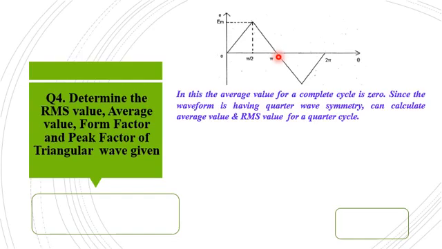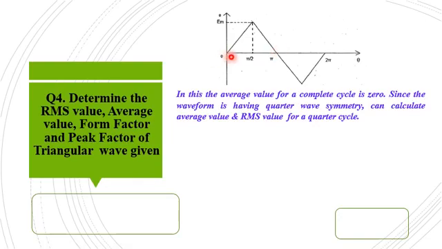That will be the same. If we calculate the RMS value for a complete cycle, or for a quarter cycle, we will get the same answer. So in this question, I am going to calculate the average value and RMS value for a quarter cycle only.